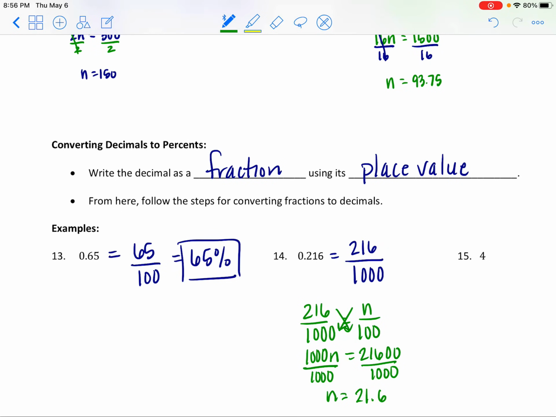So if n is 21.6, then this is going to be 21.6%. Okay? Now, maybe you're seeing the 65 here, and you're seeing the 65 here, and you're seeing 216 here and 216 here. All that's happening is we are moving the decimal. That's a little shortcut on this. To go from a decimal to a percent, the decimal just needs to move 2 places to the right.